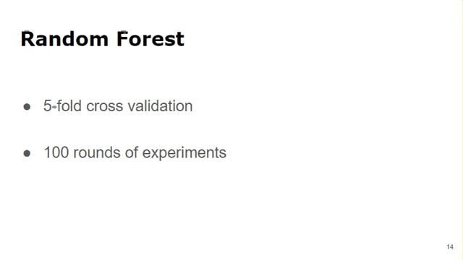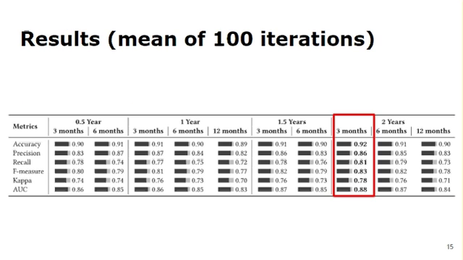Next, we use the Hunt-Force algorithm with 5-fold stratified cross validation to evaluate the model effectiveness. And finally, we perform 100 experiments. This table shows the average of the results by the algorithm for different numbers of periods and intervals.